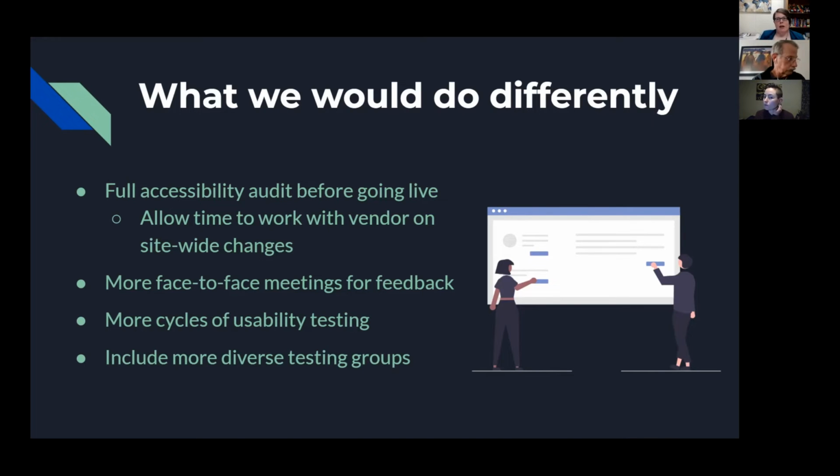You want to try to get as many different viewpoints as you can when you're testing, so that you can make sure you're accommodating the needs of all those groups. So just include as many different people as you can. We did make an effort to do that, but we were also on a pretty tight timeline, so we could have done better on that, I think.